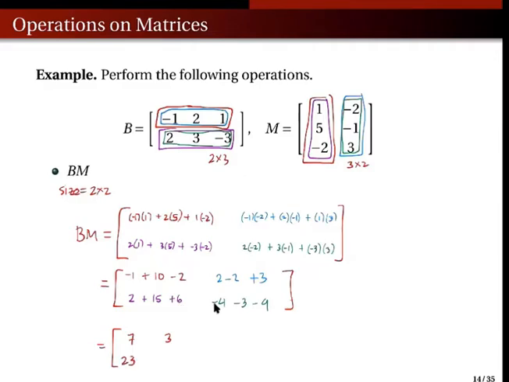And then in here you have minus 4 minus 3 minus 9, that's minus 16. Okay, so if all my arithmetic is correct, then this is the matrix BM.